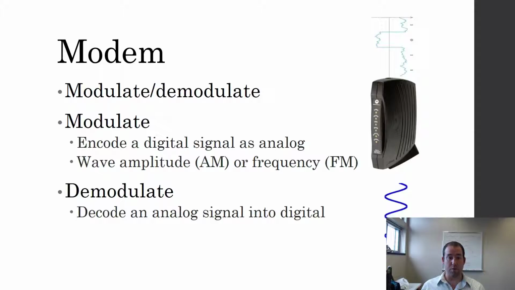Is it through changing the amplitude, the size up and down of the waves? Or is it changing the frequency of the wave? There's other ways to encode or modulate information, digital signals into analog signals. But amplitude and frequency are the ones you're probably most familiar with. Demodulating is just the process of converting that back from analog into a digital signal. And that's encoding and modulation.